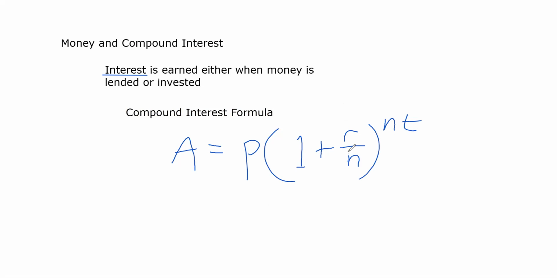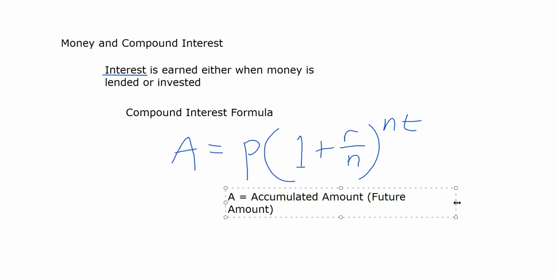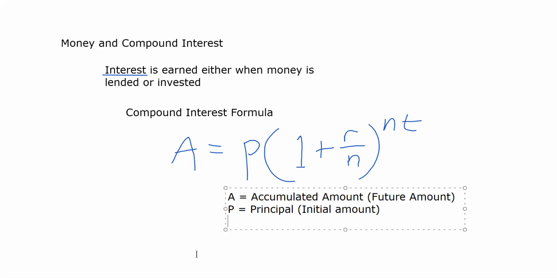What the heck do some of these variables mean? Well, let's talk about it. The future amount. A is going to be the amount in the future, the amount the money grows to. P is going to be the principal or the initial amount today.